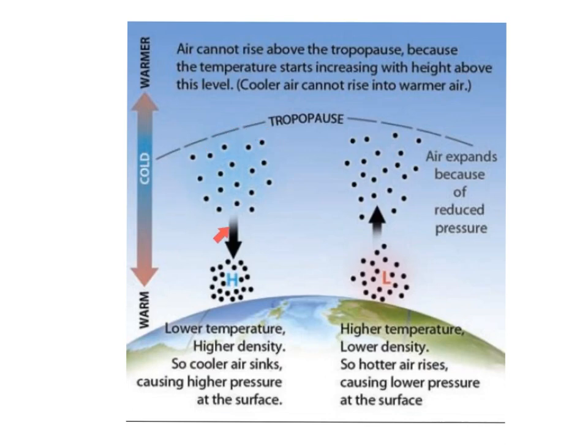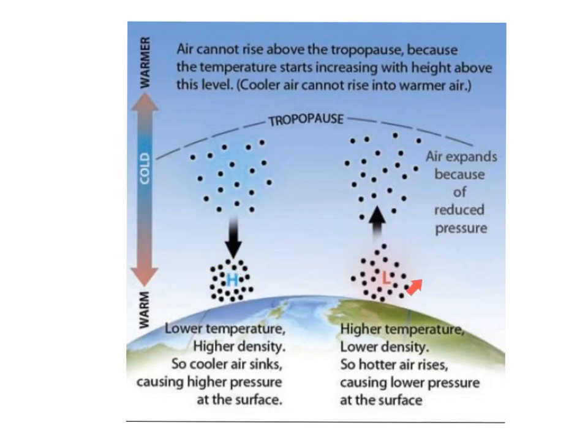So you can see here that the air cools, and as it cools, the molecules go closer together and the air condenses. It becomes more dense and it sinks back down towards the Earth. So we have the warm air rising and expanding, and the cold air sinking and condensing.